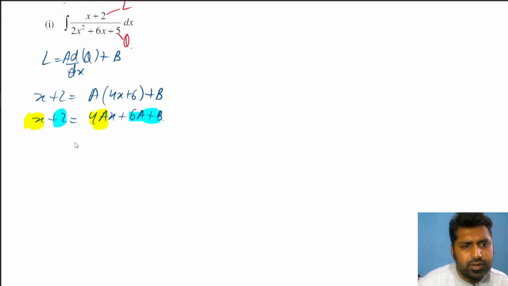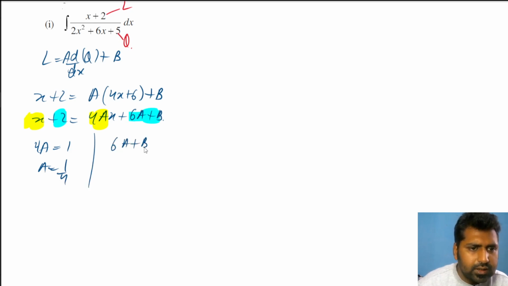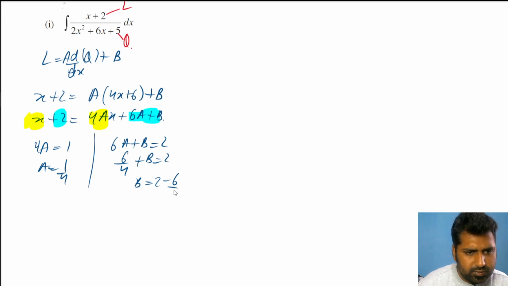With the help of it you can find a and b. Okay, clearly 4a is 1, so a is 1 by 4, and 6a plus b is 2, so 6 by 4 plus b is 2. B is 2 minus 6 by 4, so 8 minus 6, 2 by 4, which is 1 by 2. That's your b. You found your a and b. Now let's start with the integration now.